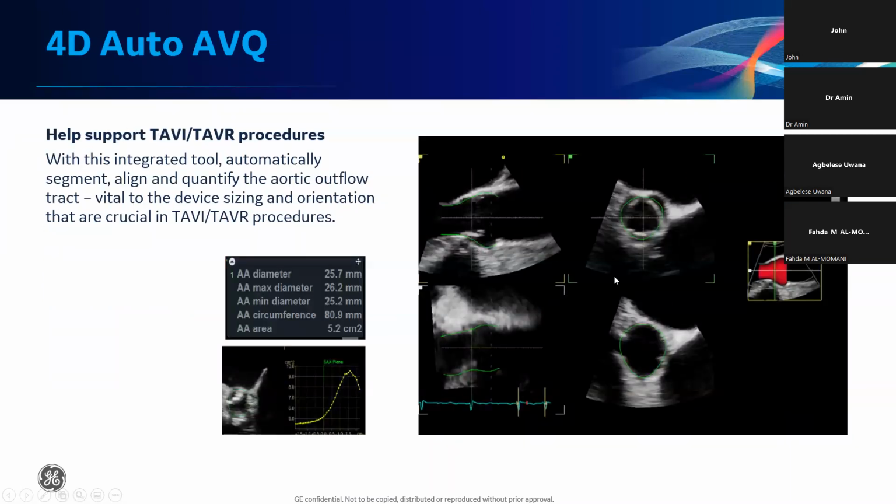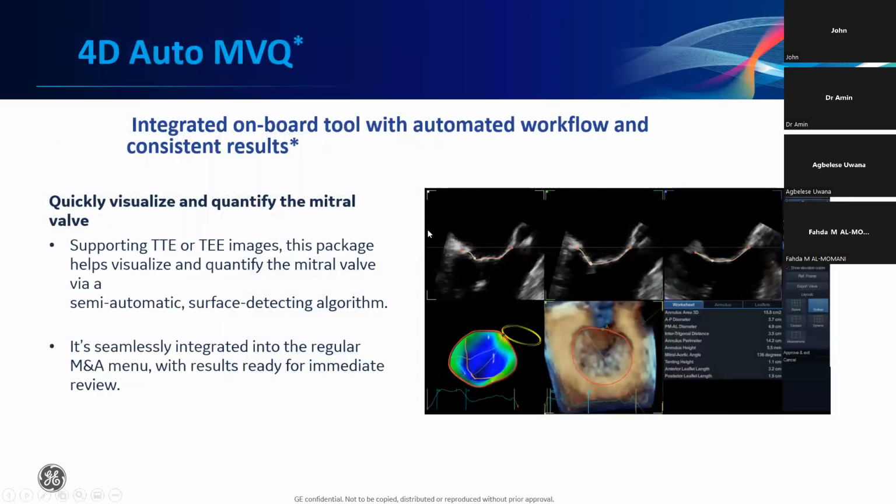There's also 4D auto aortic valve quantification, again using speckle tracking to track the endocardial border of the aortic valve apparatus, not the actual leaflets, but the actual annulus and the apparatus, hence serving as an adjunct to CT in the sizing aspect, as well as the length, for example, of the device that you are going to use for closure, and the position, of course, during the procedure.